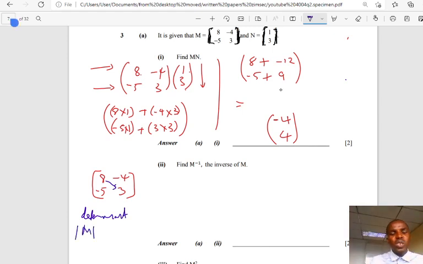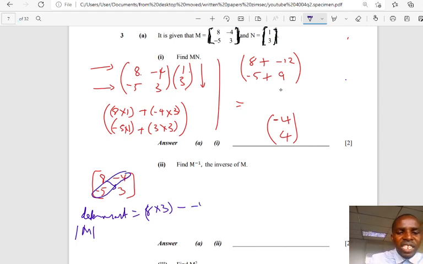Put in there those lines. That means determinant when it comes to matrices, and in vectors it means magnitude of a vector. But matrices is a determinant of a matrix. So it will be 8 times 3 minus leading diagonal is minus 4 and minus 5.